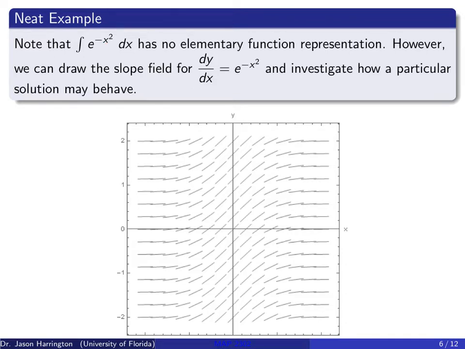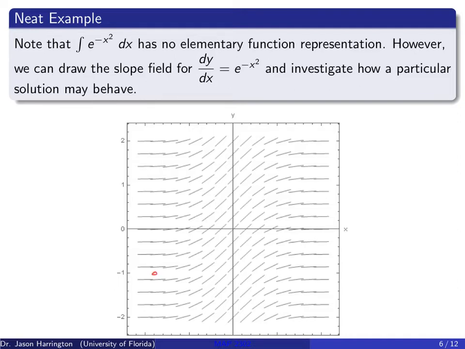However, the slope field is really easy. Remember, we know that the slope field at each point is just this function. Even though we don't know what the actual elementary function or antiderivative is, we can still figure out what it would look like.